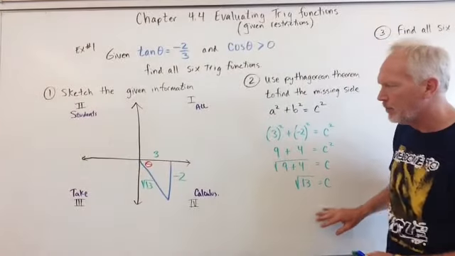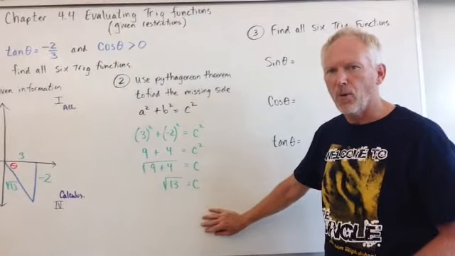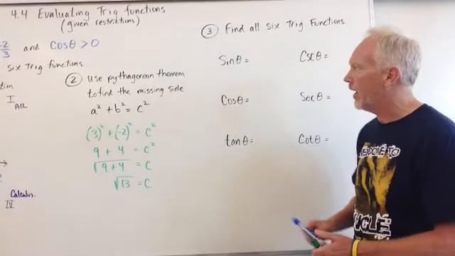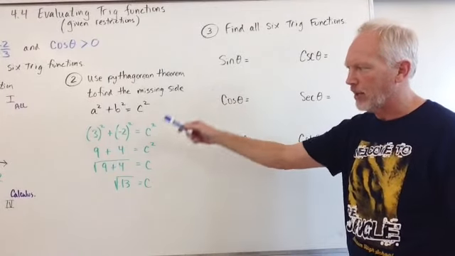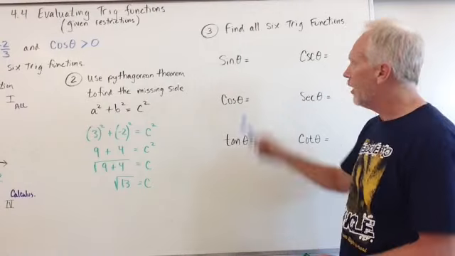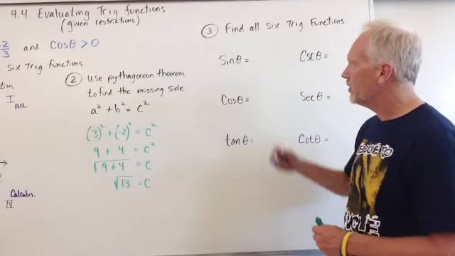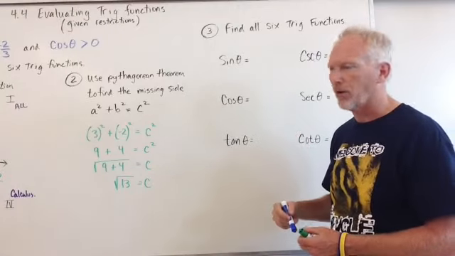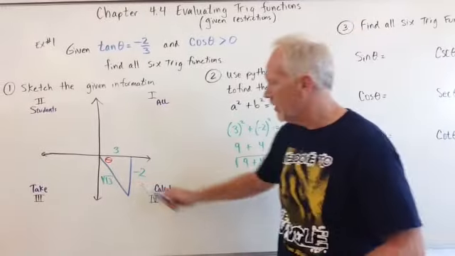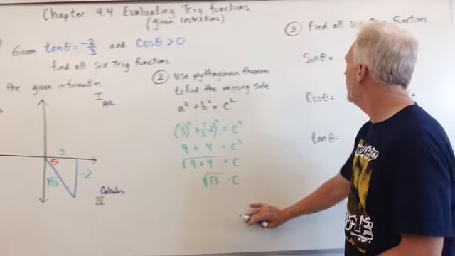Okay. Back over here. Square root of 13 is now the hypotenuse. So now we can go ahead and start answering some of these questions. We've got everything labeled. We know the values. We have the correct signs. And now we're able to find the 6 trig functions. So the sine, remember sine was opposite over hypotenuse. The opposite was negative 2, and the hypotenuse was the square root of 13.